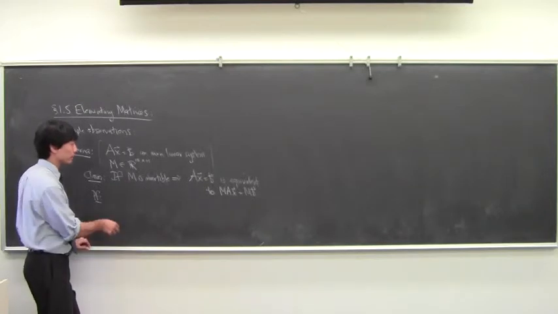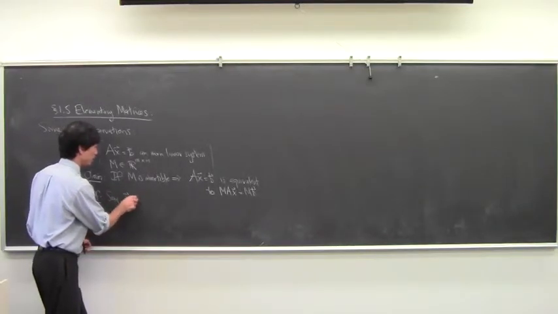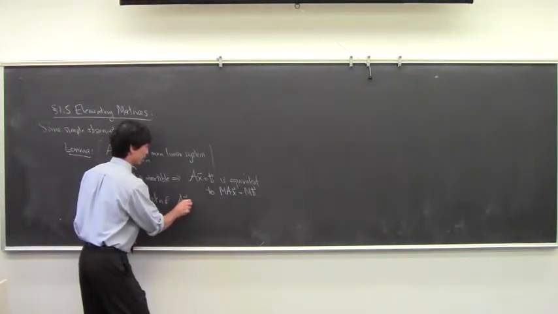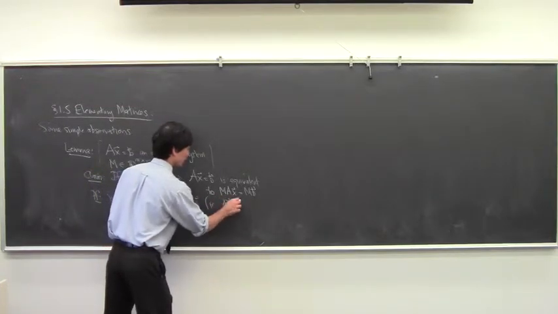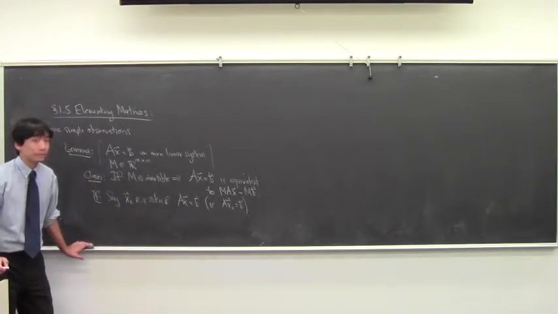Let's say that x naught is a solution of AX equals B. In other words, AX naught equals B. Why is it then a solution of MAX equals MB?